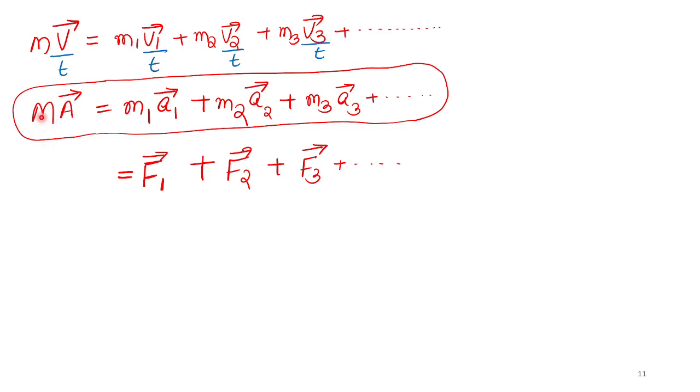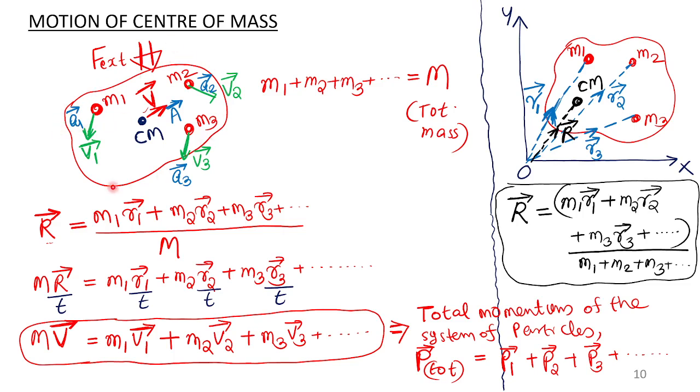Capital letter M is the total mass of the entire system, which is assumed to be concentrated at the Cm.